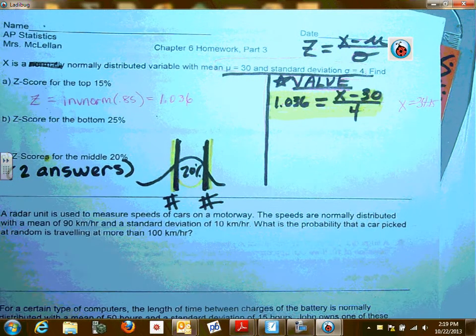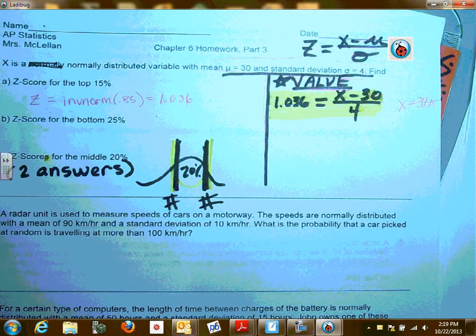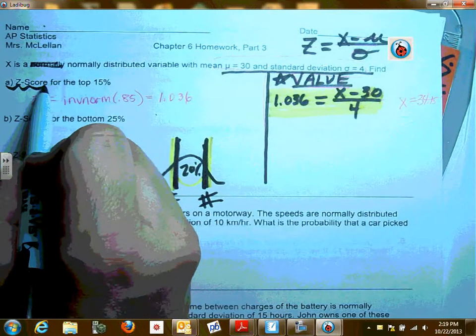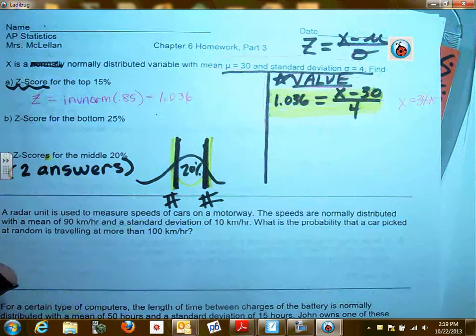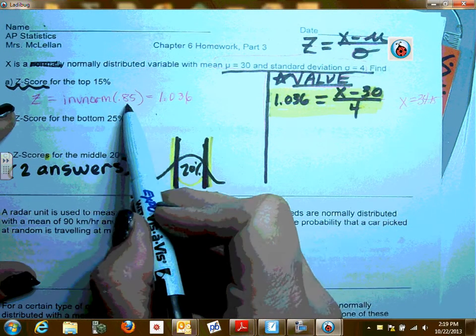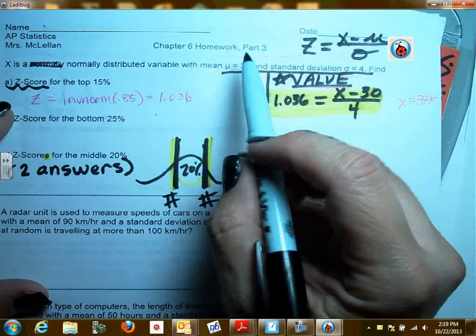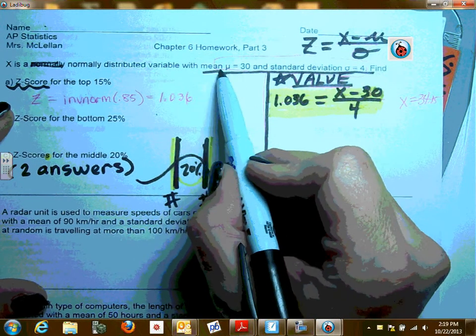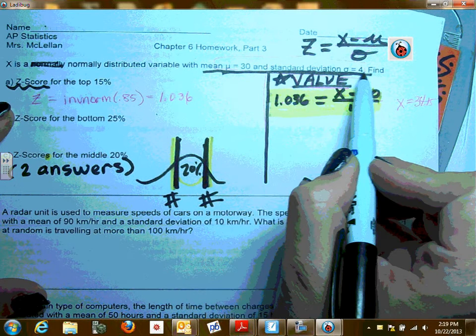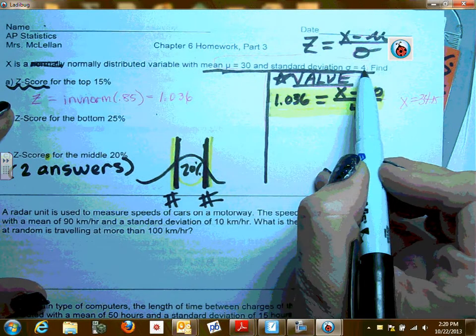So, on number 1, it really just asks you to find the z-score, which is simply your inverse norm of your lower area, okay? But if you notice in the instructions, it gives you some real-world data with a mean of 30 and a standard deviation of 4.